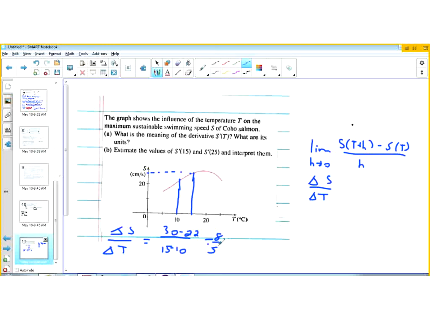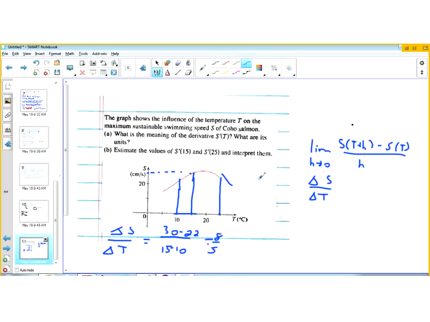What it means is that for every 5 degrees rise in temperature, the swimming rate would go up by 8 centimeters per second. So you warm the temperature, the swimming rate increases on this interval, at least. On this interval that I've accentuated here. Increase the temperature, the swimming rate increases.